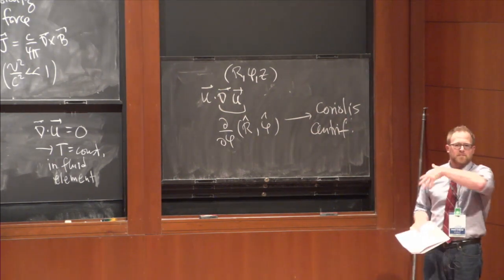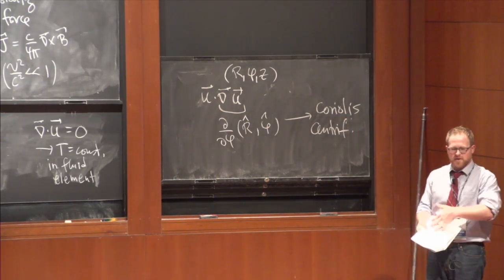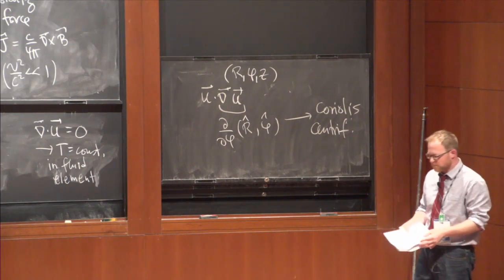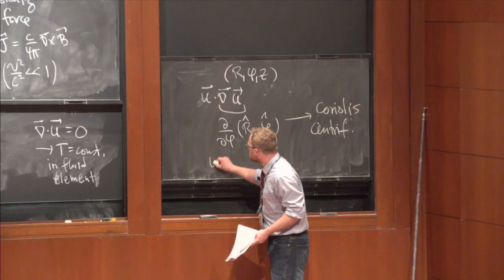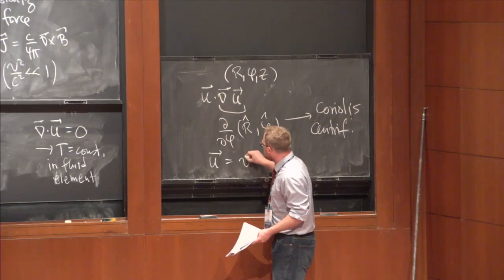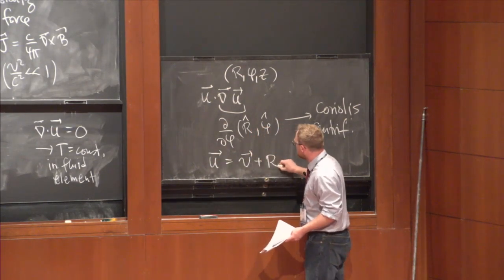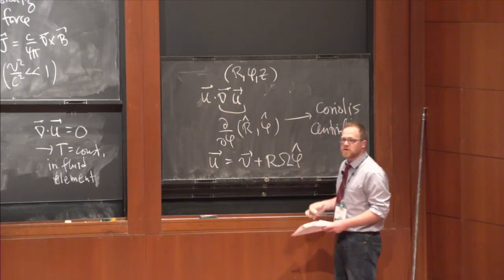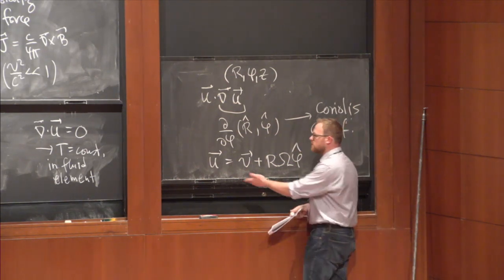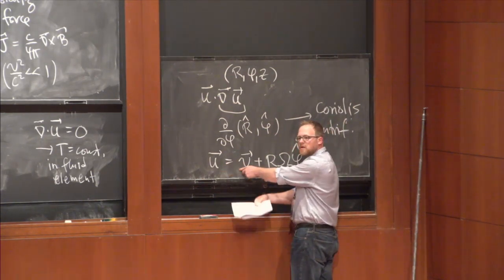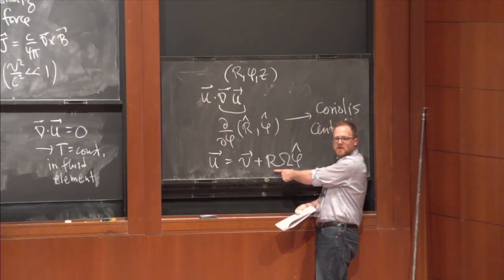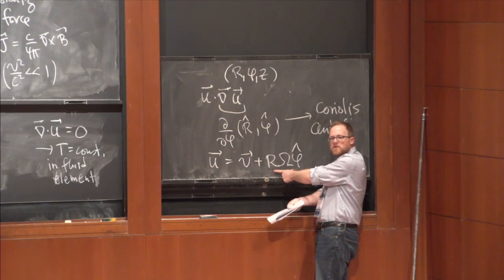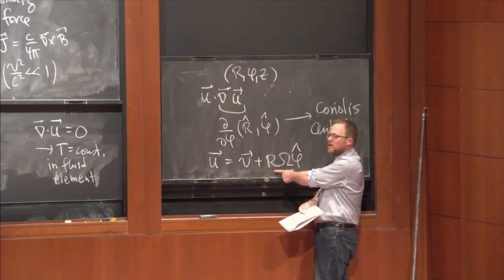And I'm not going to do vector analysis on the board. It's just here, so you can look it up. One thing that I do in these notes also, which I'll advertise, is if you're in a rotating system, so if your velocity is composed of some fluid velocity, just random motions, plus a large-scale rotation, if you're in an accretion disk, there will be talks about that.